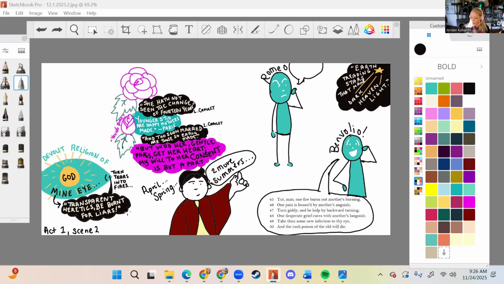Benvolio is about to give this whole speech, in which he basically says, go check out some other girls to get this infection out of your eye, the same way that Lord Capulet told Paris to. That parallel is not by coincidence, it's on purpose, and it's highlighting different understandings of love.